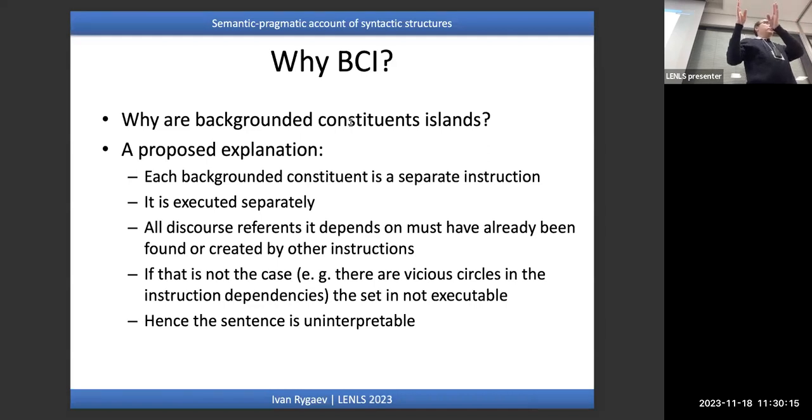The idea is that the picture of John is an instruction to find a certain picture, and it depends on its argument, John, which is John in the original sentence. When we extract it, we set on top of that the instruction to find this what. So basically, we're asking to find some discourse referent which will see the picture.